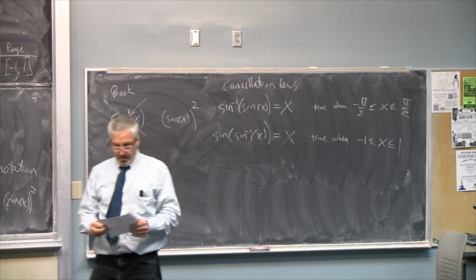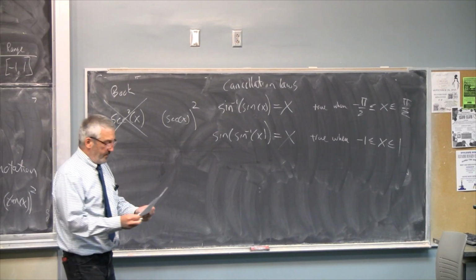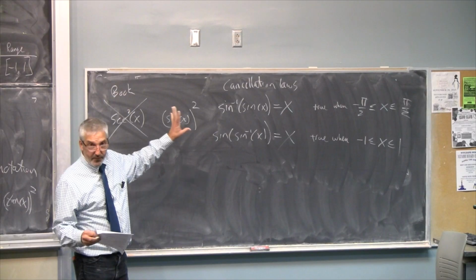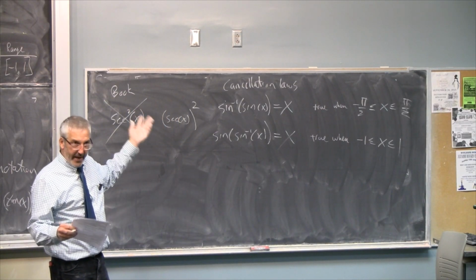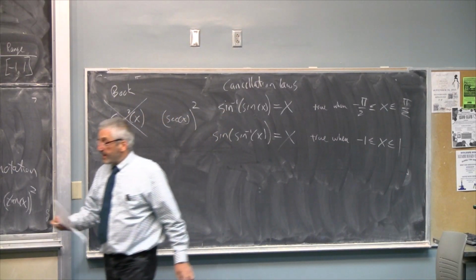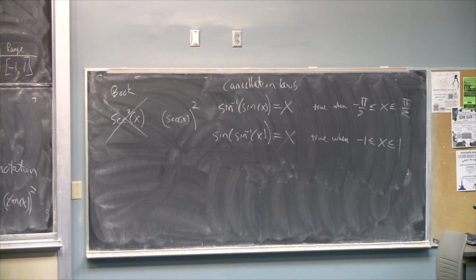And so forth. There are similar cancellation laws for sine inverse and sine, for cos inverse and cos, and for tan inverse and tan. I'm not going to present them, but you get the idea that it's trickier than you might think.